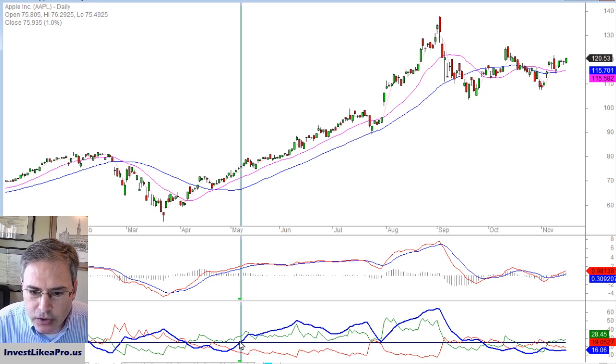As long as this blue ADX line is above 25, you're in a strong trending environment where you can play trend trades. That means you can buy pullbacks on this time frame, or go down to a lower time frame and play an opposing trend trigger or something like that.